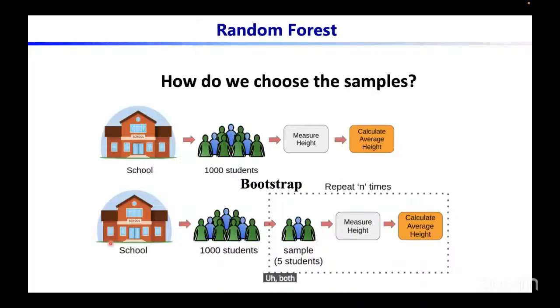So this is an illustration of bootstrap, the lower side. So for instance, if you have 1,000 students, we first draw a few students and measure some physiological characters, right? Of course, if we want to poll the opinion, it's the same thing.